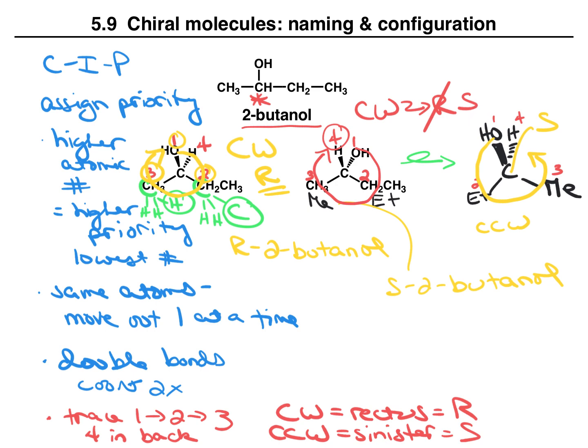What we see is that a chiral molecule and its enantiomer have opposite configuration. One is R and its mirror image is S.